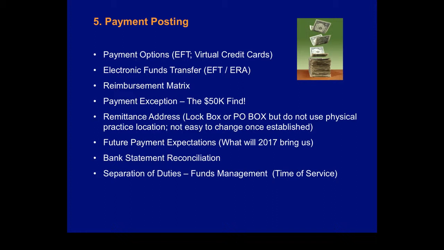This is your money. Remittance address. Do not use the physical address of your hospital. Do not use the physical address of your practice. Never use your physical address. Use a lockbox. Spend the extra money, get a lockbox. Use a P.O. box. You never know where your practice may move or expand. Do not use your physical address. Once you get your remittance address locked in with a plan, it's going to take forever to change.